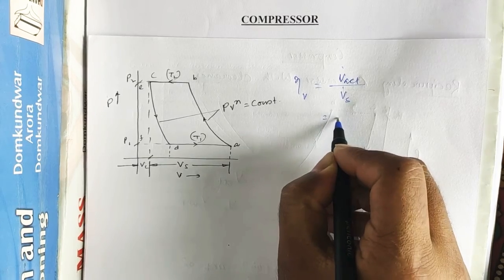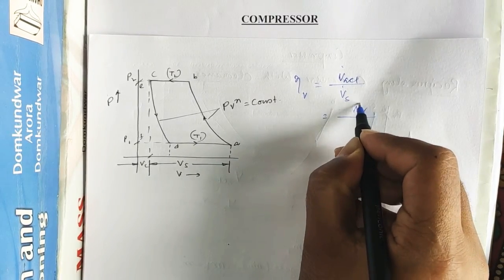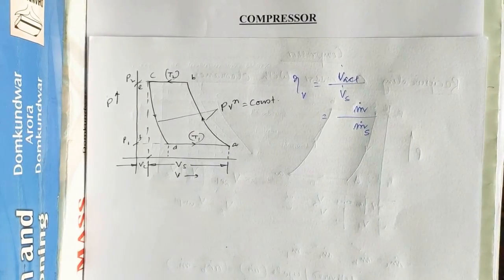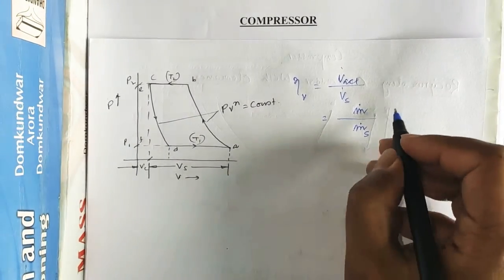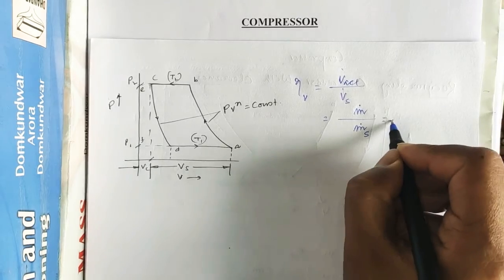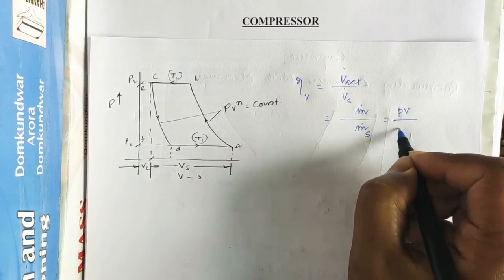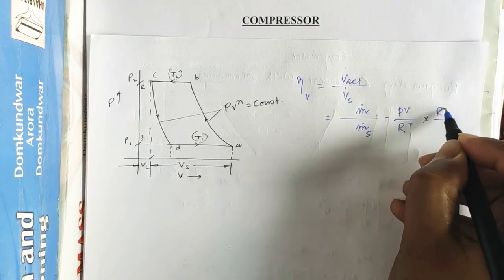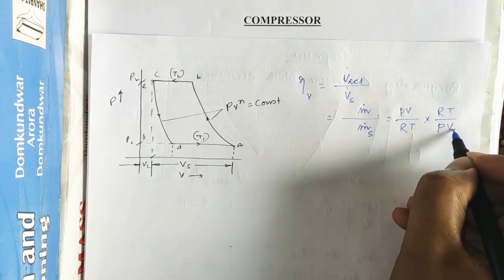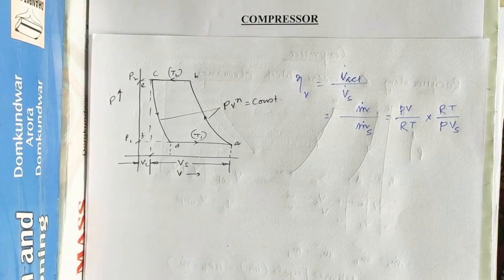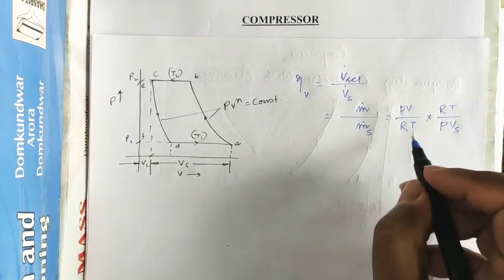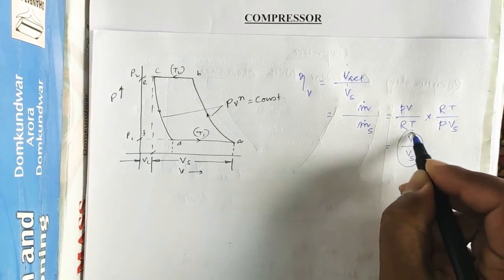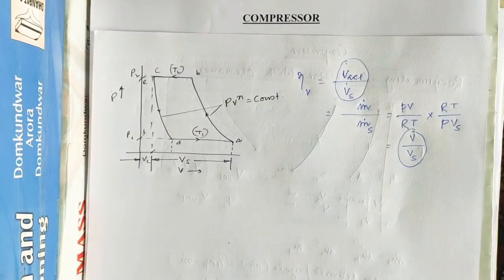In terms of mass flow rate, we can also say that this one is the actual mass flow rate by the maximum possible mass flow rate. So this can also be termed as P into V by RT into RT by P into Vs. Ultimately this will be V by Vs. This one and this one are the same.